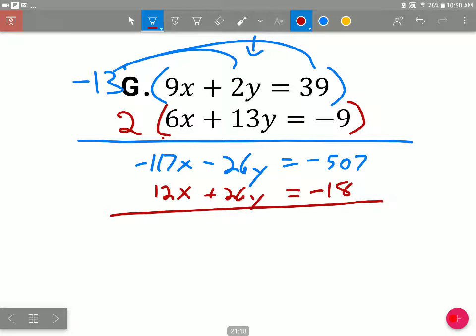So now, the y's go away. Okay, what is negative 117 plus 12? Negative 105. What's negative 507 minus negative 18?